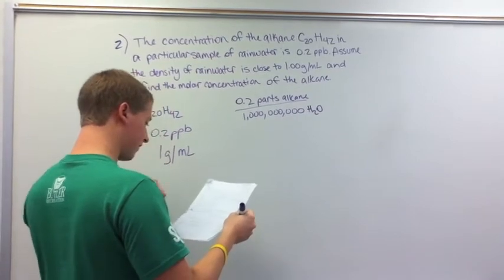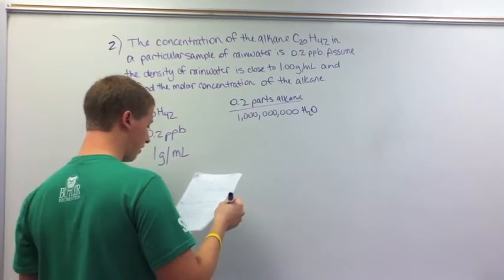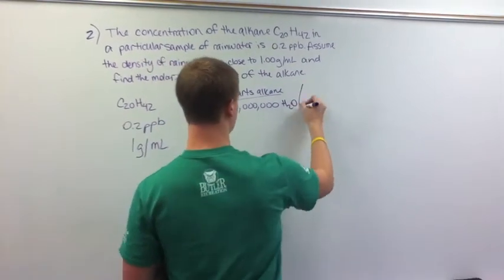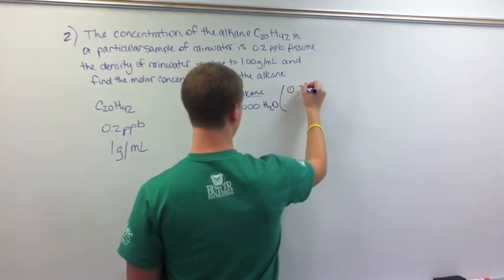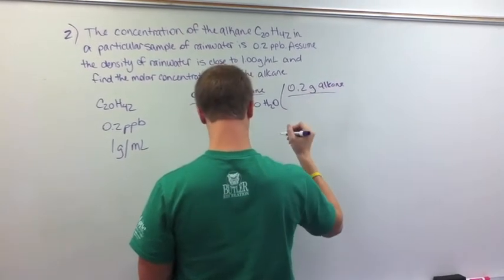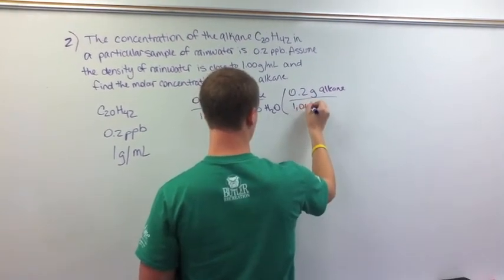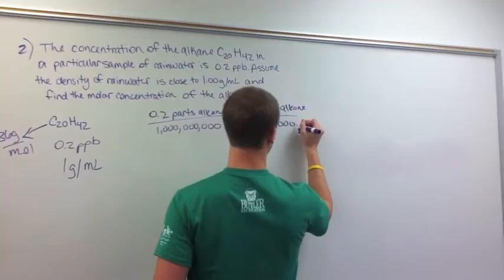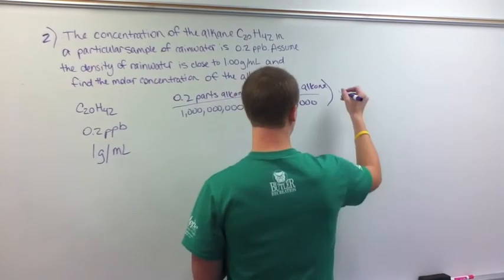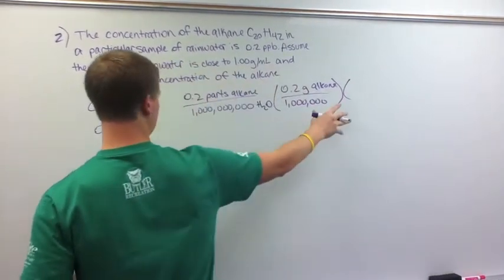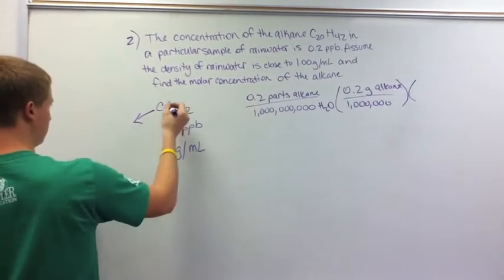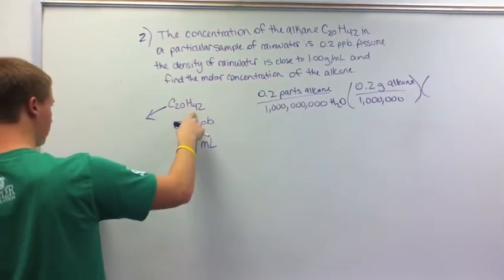So you want to take the given parts alkane and the parts water, and you can convert parts per billion into grams. So it's 0.2 grams alkane over 1 billion. And you want to convert that into moles. So when you convert this into moles, you take the molar mass, which is roughly 12 for carbon and 1 for hydrogen.